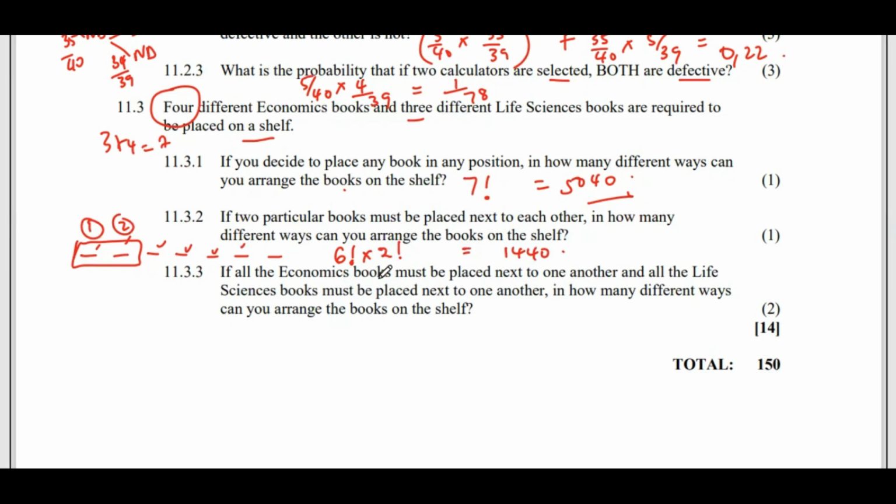Then if all the economics books must be placed next to one another, and all the life science books must be placed next to one another, in how many different ways would you be able to arrange the shelves? Now, step number 1. We have 2, 3, 4, 5, 6, 7. We have 4 books that are going to move as a block.